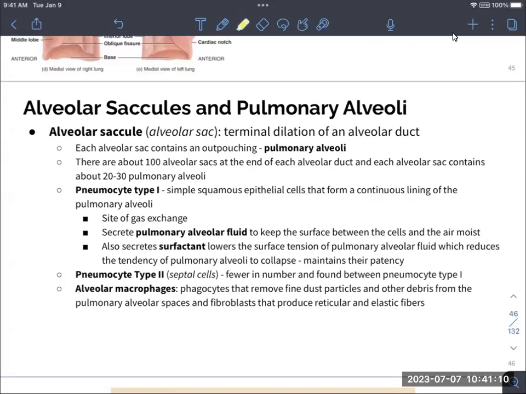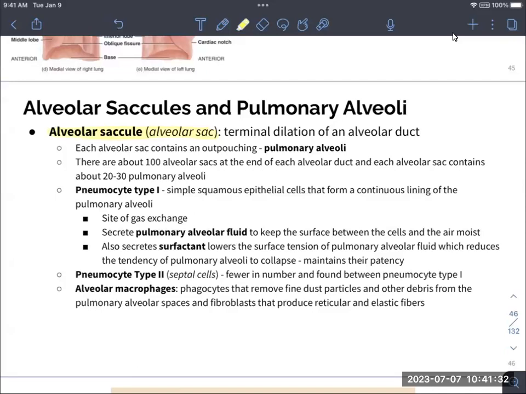Okay, the alveolar saccule or alveolar sacs. This is at the end of the alveolar duct, and it is a dilation. It looks like that bunch of grapes on the stem.